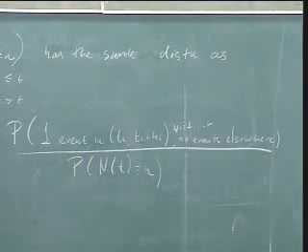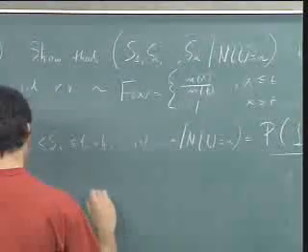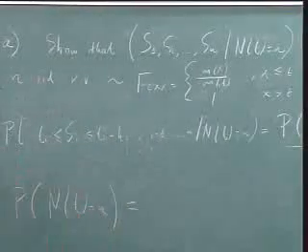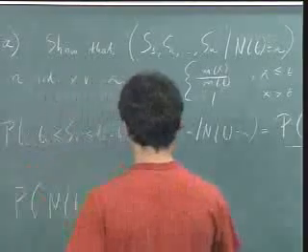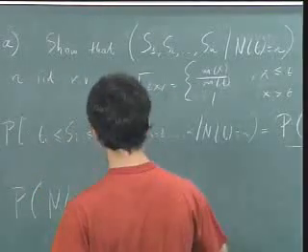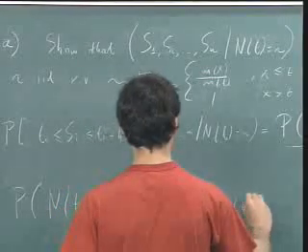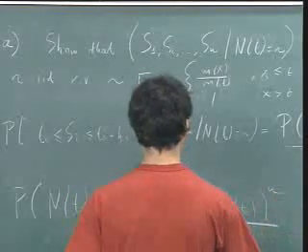Before we go further, let's write what this probability is. Because it's a non-homogeneous Poisson process, we can directly say that this is e to the minus m(t) times m(t) to the n divided by n factorial.